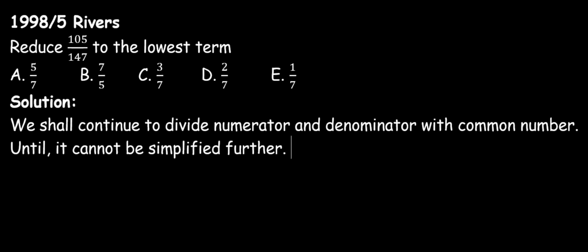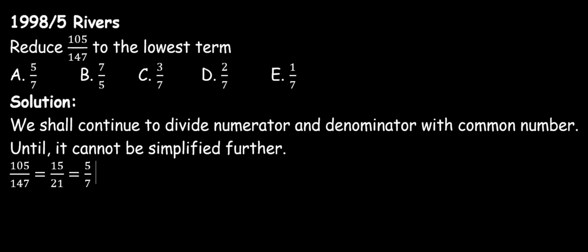Thus, our 105 over 147 will be equal to 15 over 21, using 7 to divide through both the numerator and the denominator. Now 15 over 21 will be equal to 5 over 7, using 3 to divide through numerator and denominator. And that's the simplest form we can obtain.